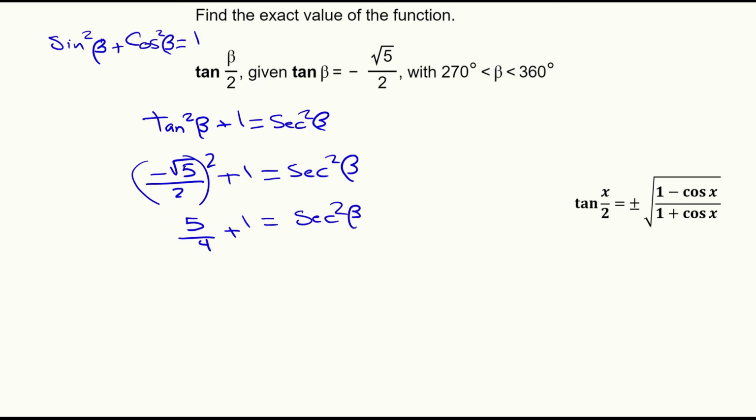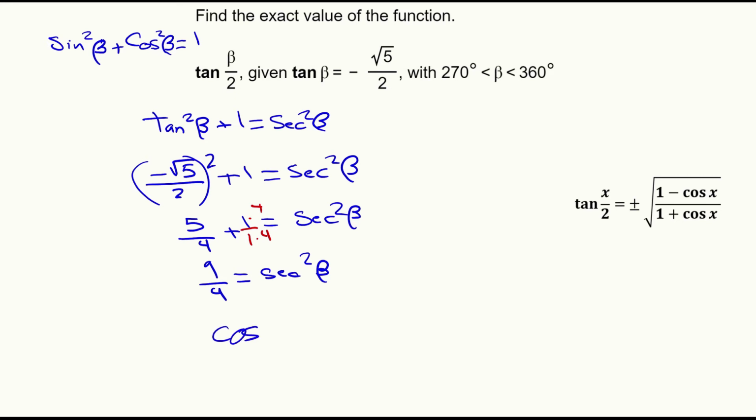So we can just multiply top and bottom of 1 by 4, so we get 9 over 4 equals secant squared beta. Of course, remembering the relationship between secant and cosine, we know that this means cosine squared beta is going to be 4 over 9.